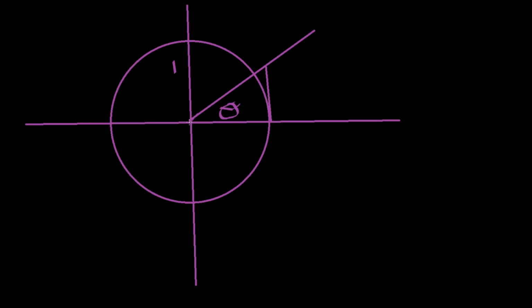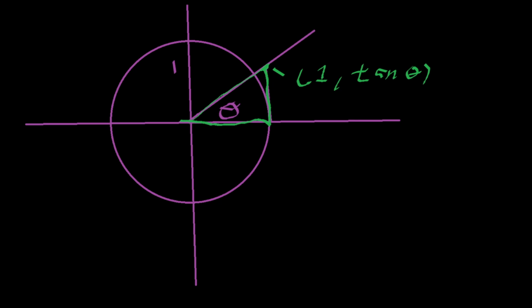So first, we have this triangle, and this coordinate over here will have the coordinates 1 and tangent of theta, just per definition.